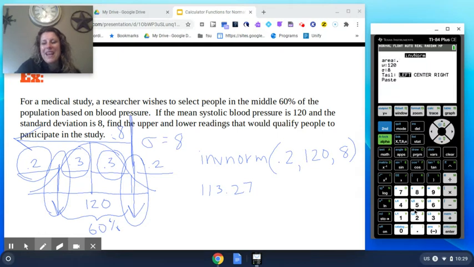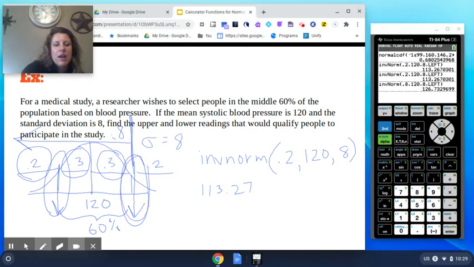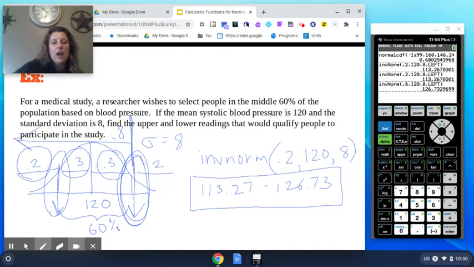So 0.8 this time. And paste. Okay, and we get the upper boundary, which would be located to the right of the mean, and that is going to be 126.73, and that represents the range of the middle 60% of blood pressures.